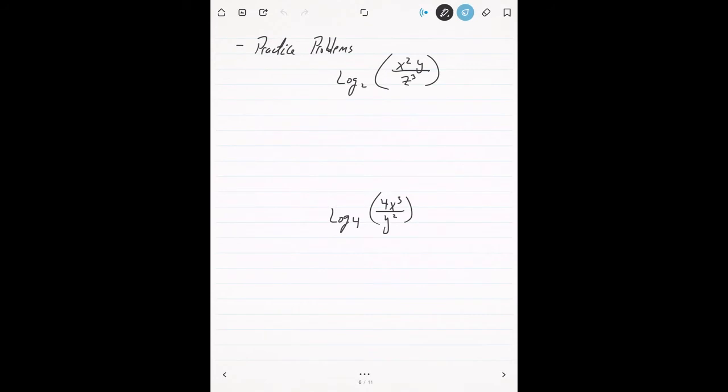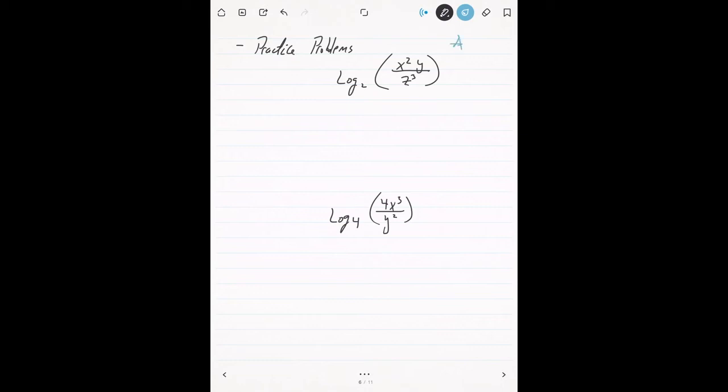What I'd like us to do now is take a look at some practice problems and let's try to expand this logarithmic expression so that way we could rewrite this as a sum or difference of multiple logarithms. So first up, here's what we'll need to do. We always need to first identify the argument.